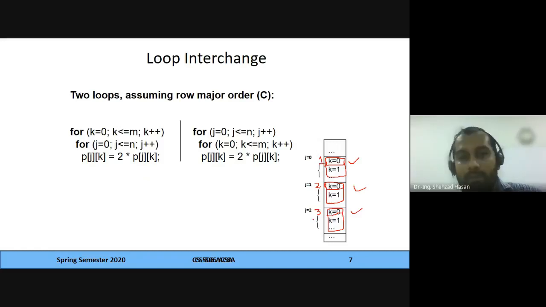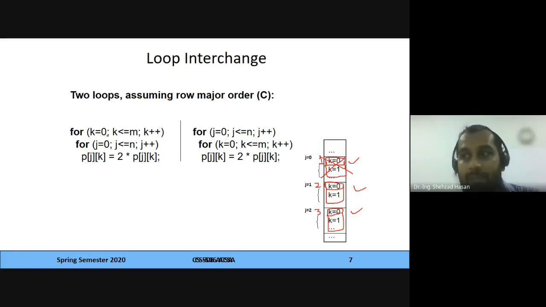Now let's say your cache gets full, so you have to replace this block in the cache to make space for more blocks of that array's elements. When you finish that inner loop, you change the value of k.